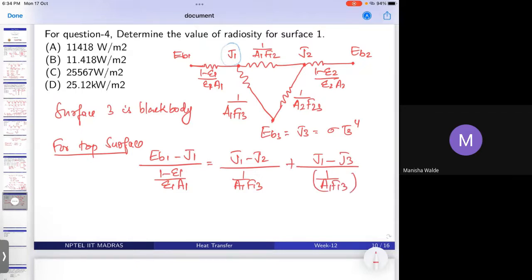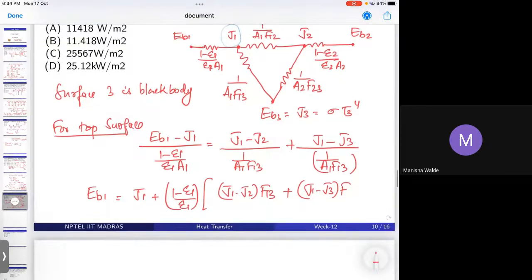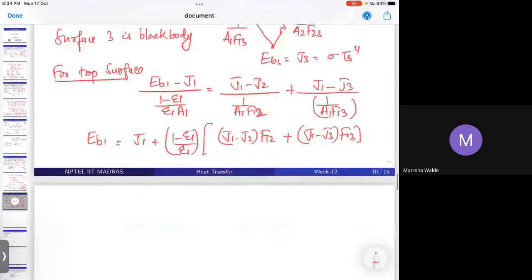Okay, so I'm just rearranging this. EB1 is equal to J1 plus (1 minus epsilon 1) and so on, cancelling the A1 out. This is equation number 1.